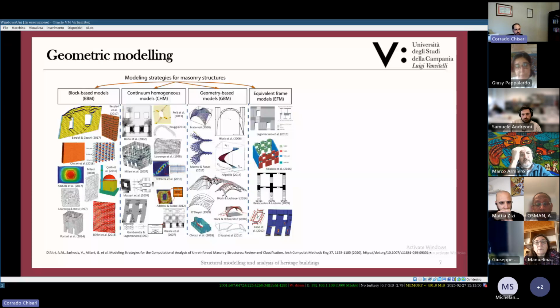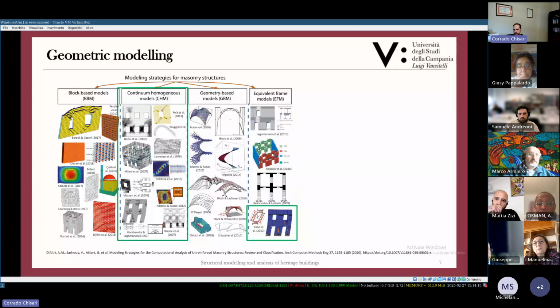And so we have some geometry-based model. And finally, we have a last typology of modeling, geometric modeling, in which each part of the walls, in this case, are represented by specific elements.